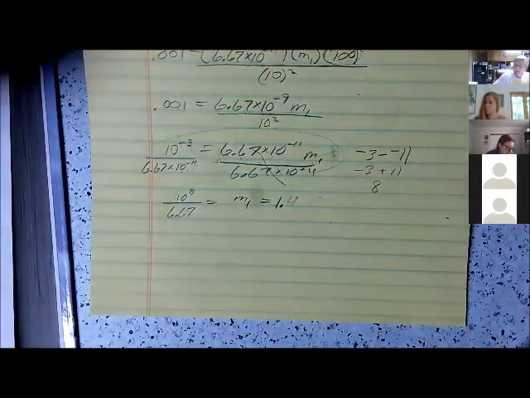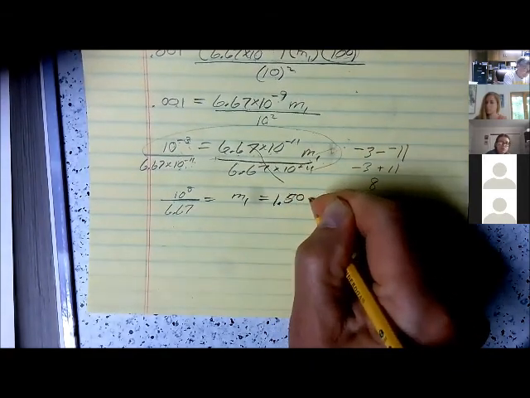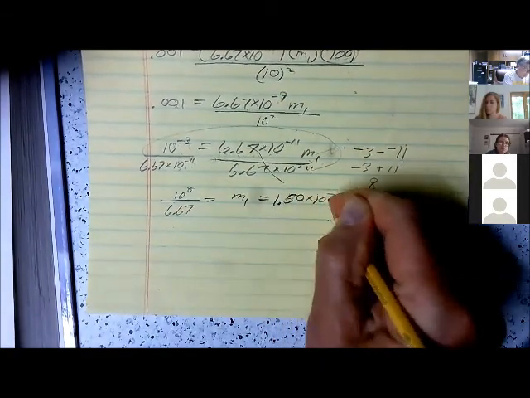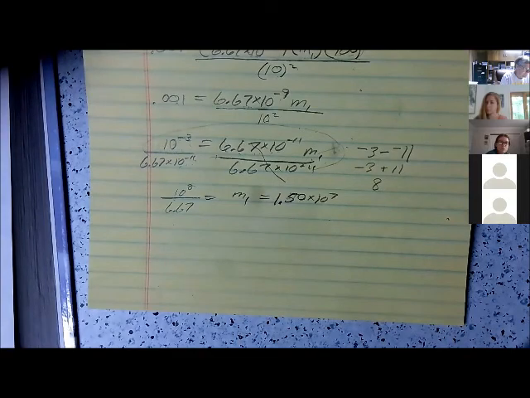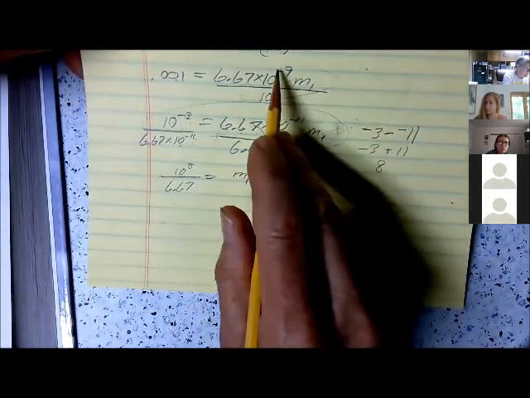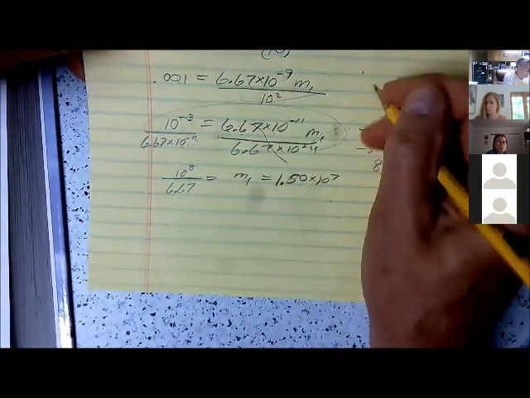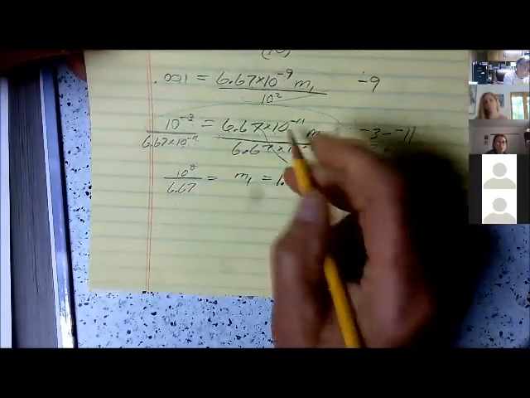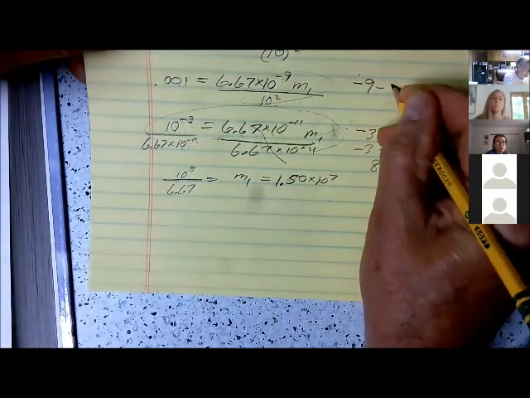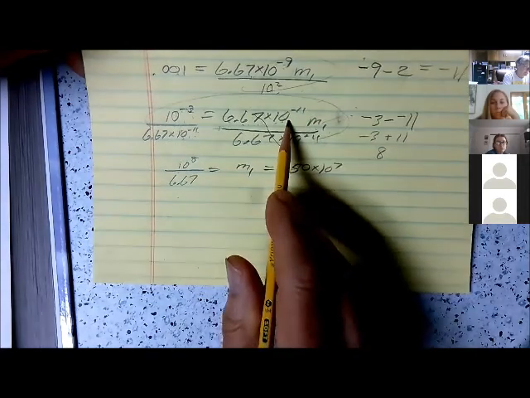Excuse me, Professor, I have a question. It's 10 to the negative 9 over 10 to the positive 2. Would it be minus 7, or is it still minus 11? Okay, so we get minus 9 minus 2 equals minus 11. Oh, okay.